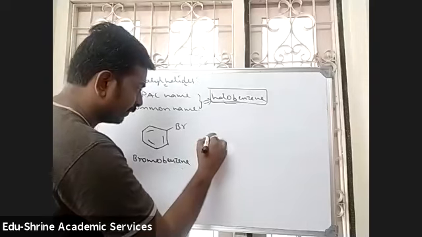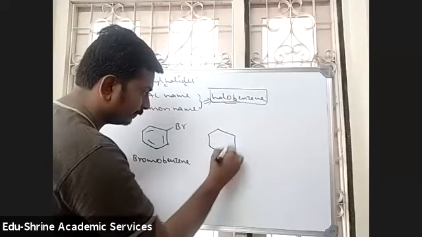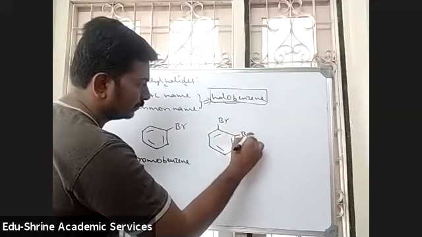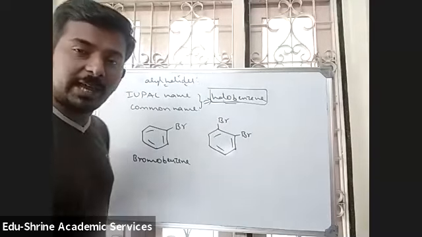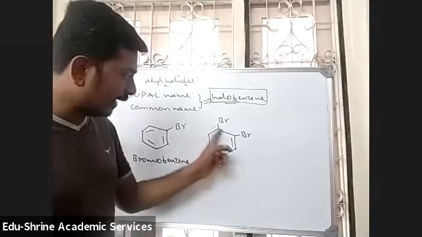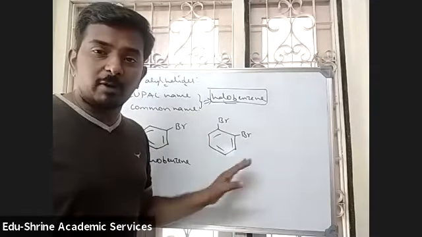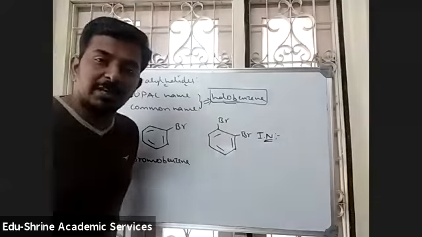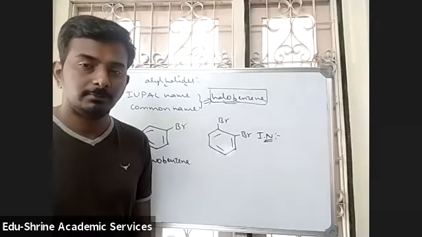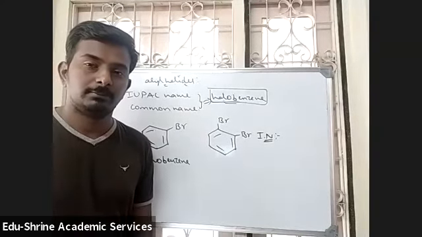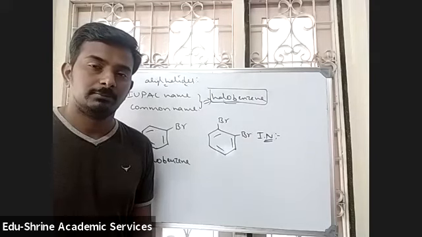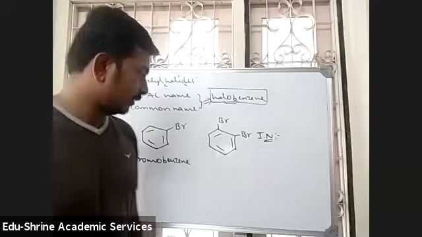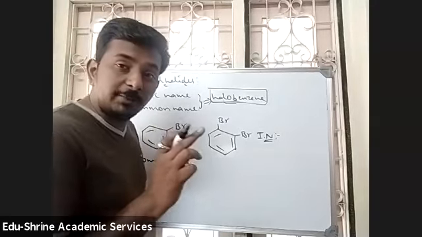Now see here, friends. If I have more than one halogen on the benzene ring, what will be the IUPAC name and what will be the common name? First tell me the IUPAC name of this compound. Always the lowest possible number must be followed.